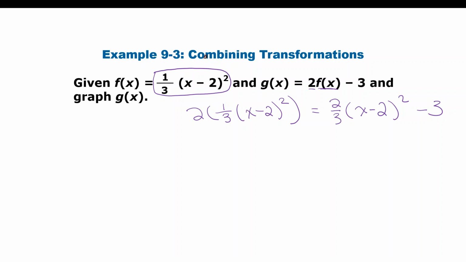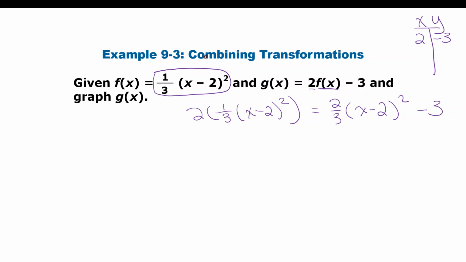So all we need to do now is make a little t-chart, x and y, and let's plot some points. Let's say when x is 2. 2 minus 2 is 0. 0 squared is 0, times 2/3 is 0, minus 3. So y is going to equal -3.